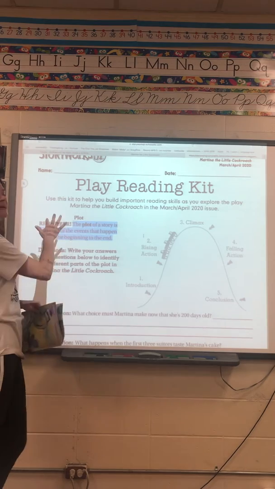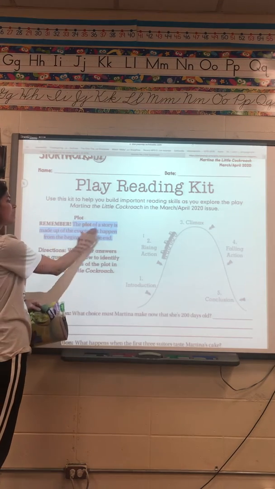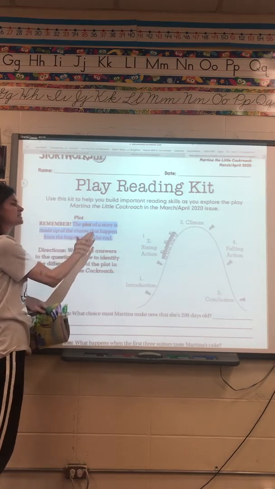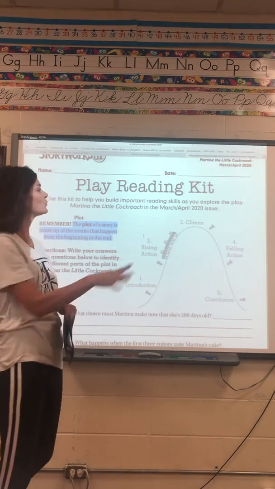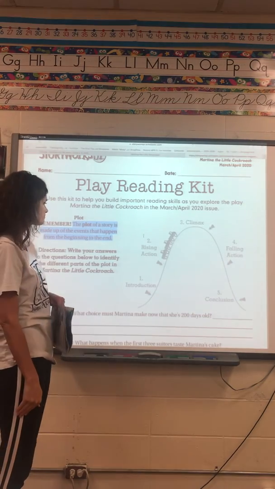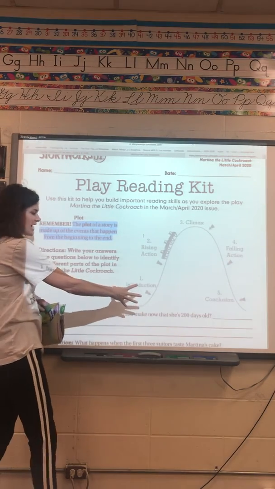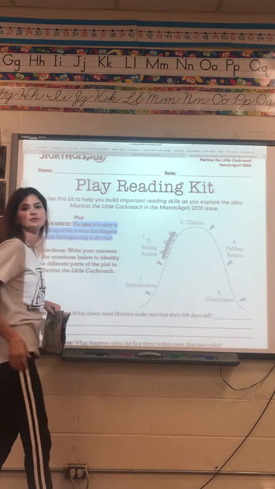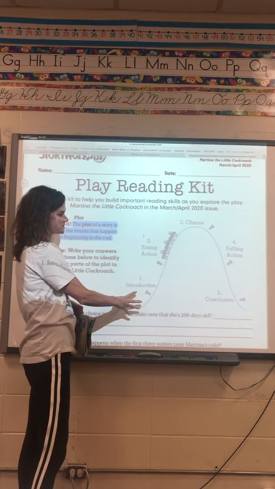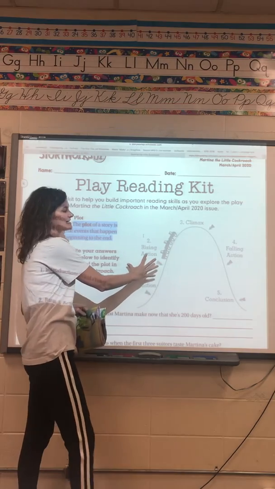So we're talking about plot here, and the plot of a story is made up of the events that happen from beginning to the end. So you have your worksheet that looks like this, and it should be out. So our plot is going to start with the introduction here. It tells us what's going on in the beginning of the story. We have the rising action.